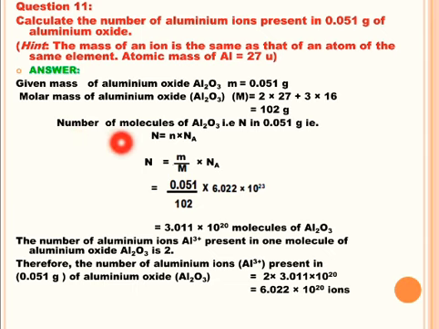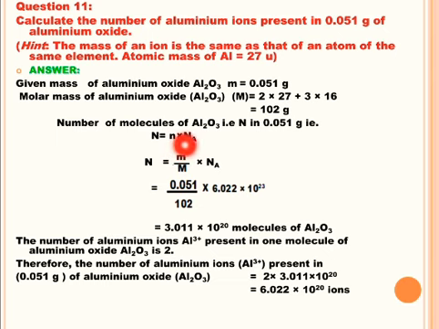Then calculate the number of molecules of aluminium oxide Al2O3 denoted by capital N in 0.051 grams. So which formula is used to calculate the number of molecules of aluminium oxide? Yes, it is capital N is equal to small n multiplied by Avogadro number. Then again here we know the value of Avogadro number, but number of moles of aluminium oxide is not given.